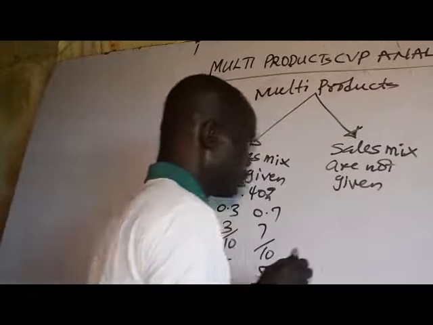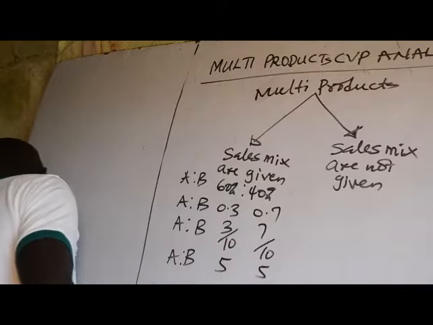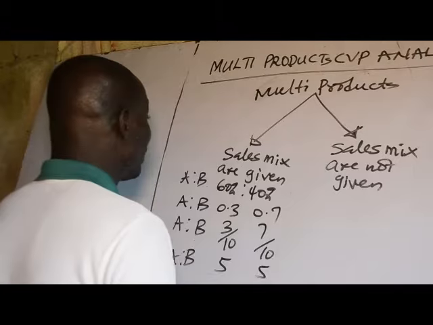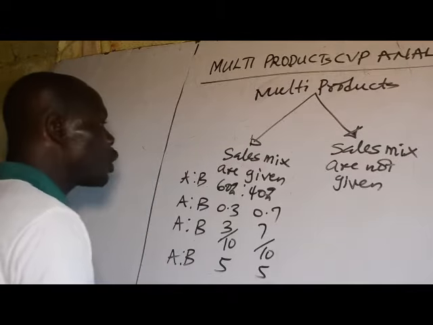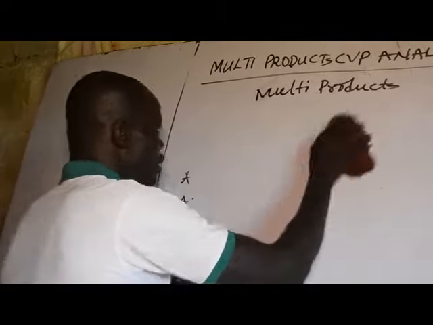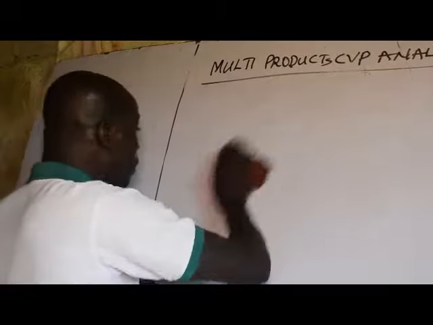I want to note that my focus here is where the overall total fixed costs are given for all the products. Where you are given the fixed cost for the entire product, not for the individual product.